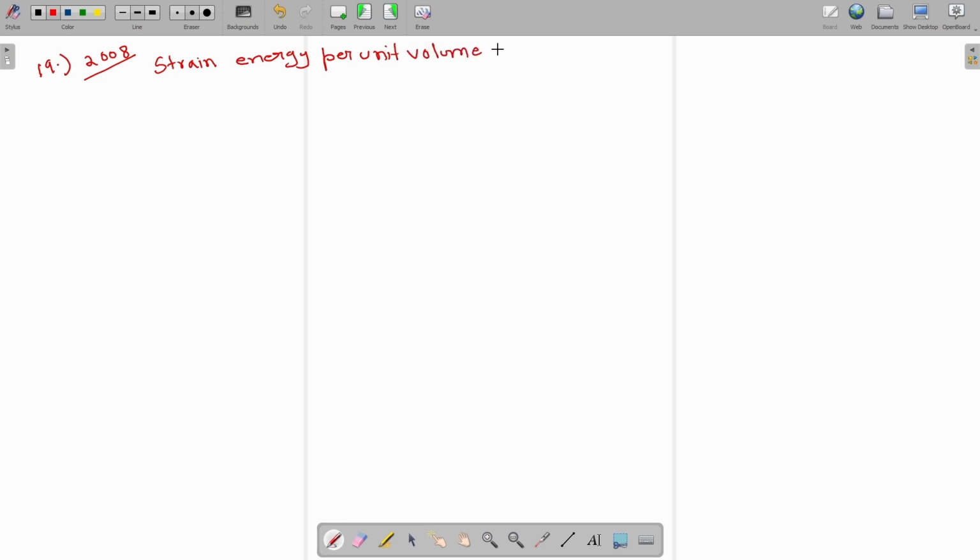Strain energy per unit volume. It means we need to find the modulus of resilience. Modulus of resilience, okay. So we can write it as strain energy divided by volume.